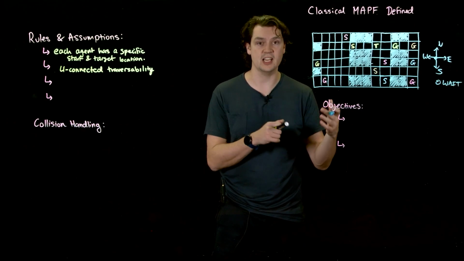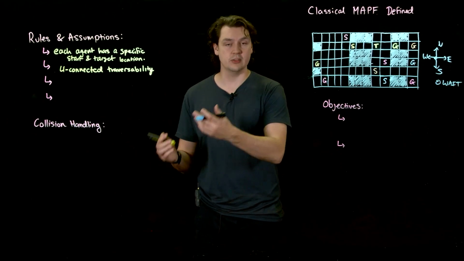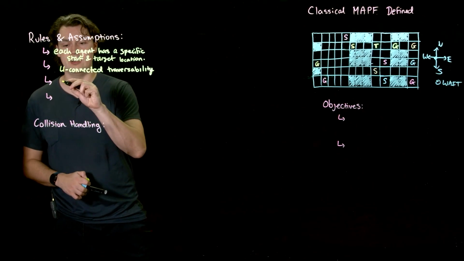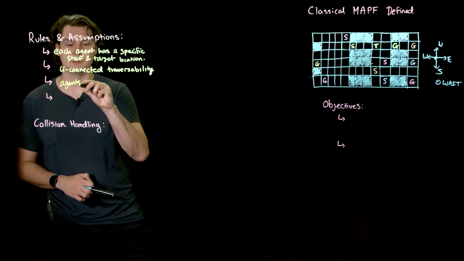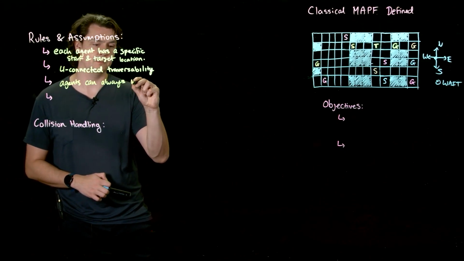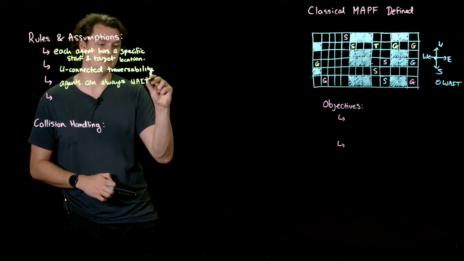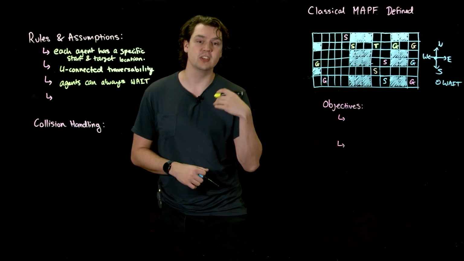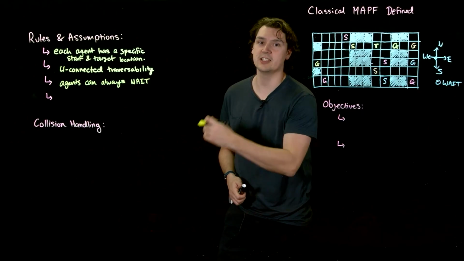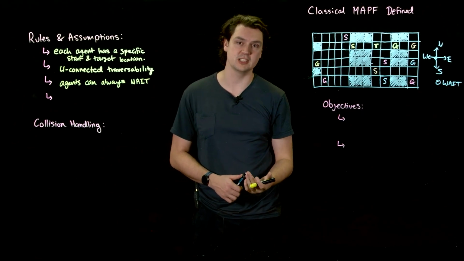So they occupy the same XY location for the next time step as well. That's the waiting move. So agents can always wait. That is a new action that is always accessible to the agents as well, of course, given that there is no collisions occurring because of this.